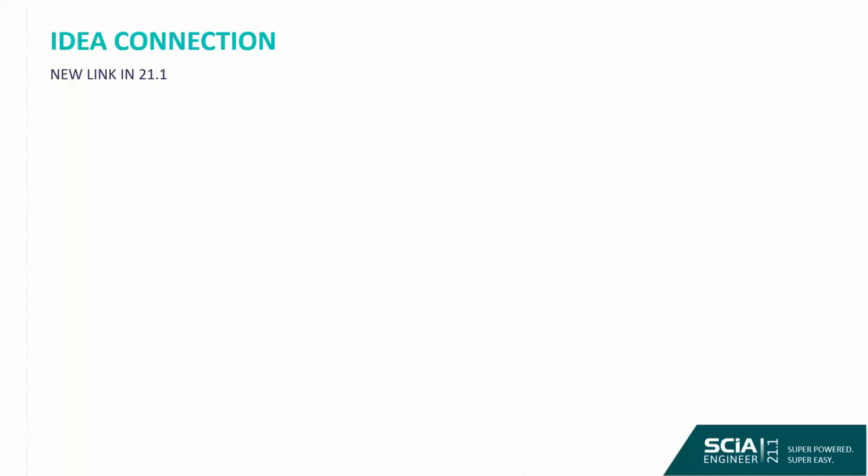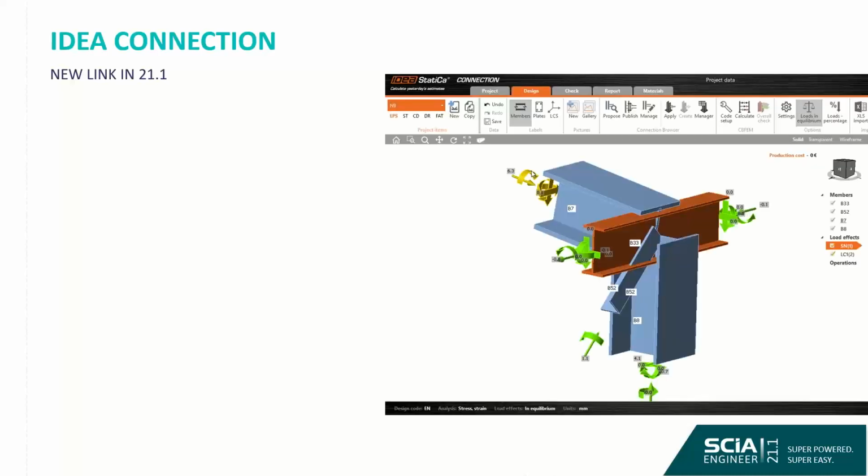Let's now switch from concrete to metal and to steel, and let me demonstrate for you what we have created for IDEA Connection, which is the new linking in version 21.1.